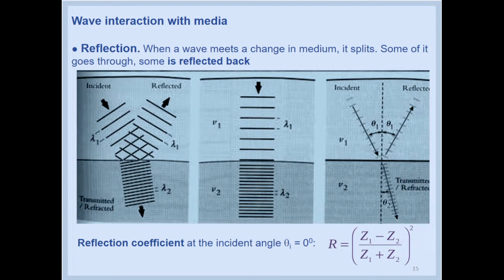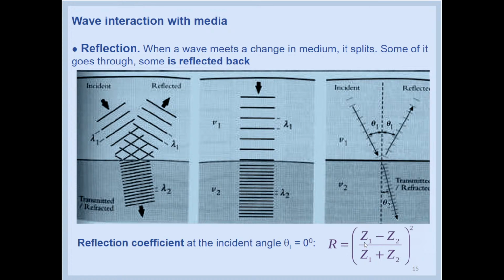Partly the energy is reflected by the surface separating the different media, and partly the energy crosses that surface and goes to the second medium. And in the simplest case of normal incidence, the reflection coefficient may be calculated using this formula.